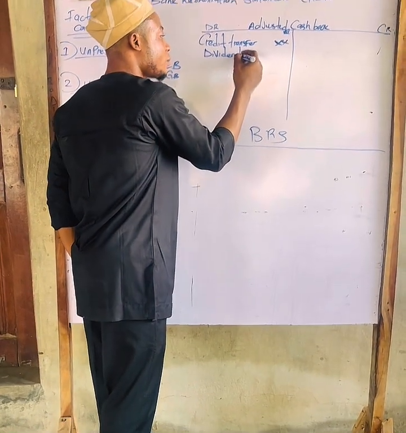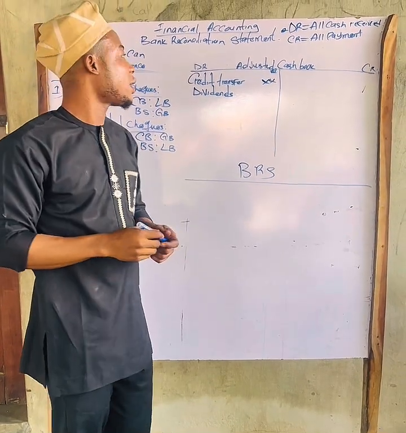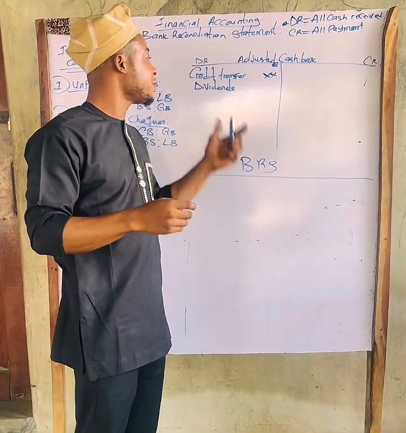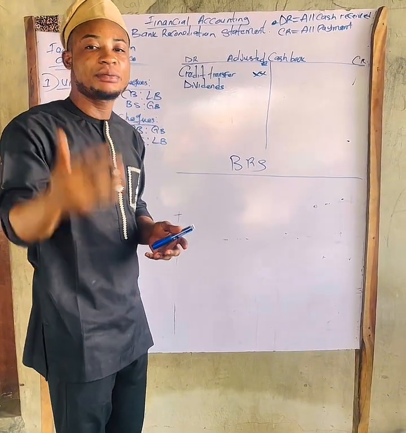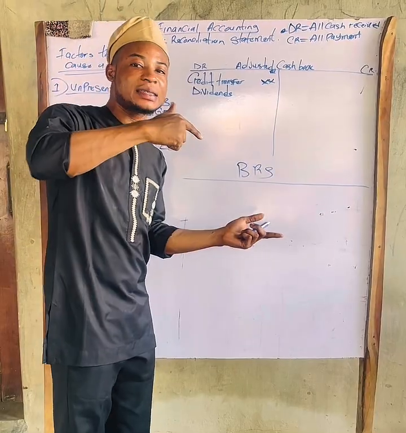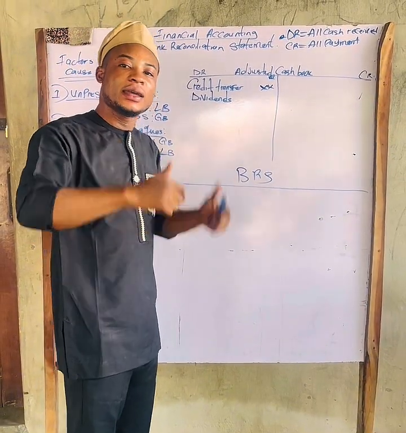dividends. Now dividends can also be called, or let us say it is under credit transfer, when dividends are a part of a company's profit that is being sent directly into the company's account without notifying the company.